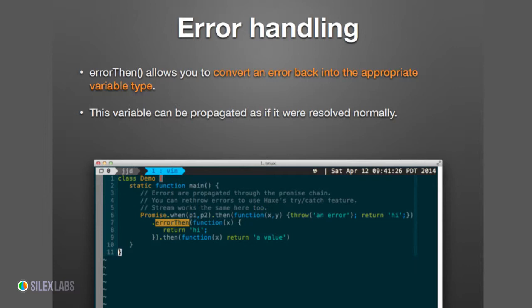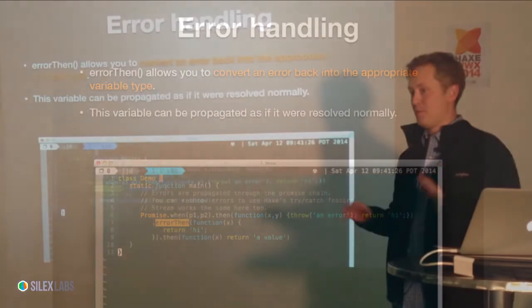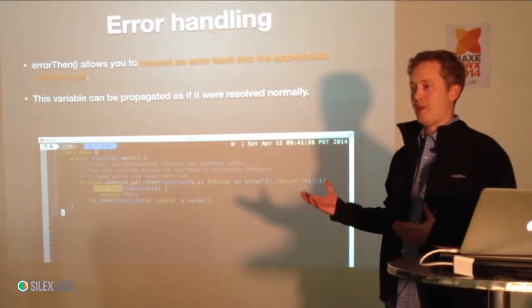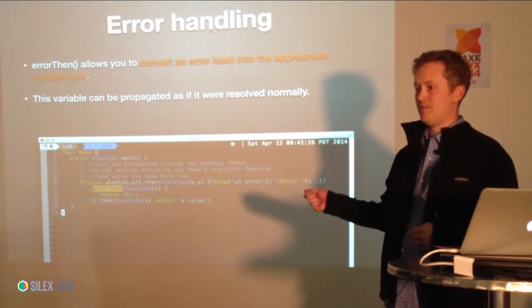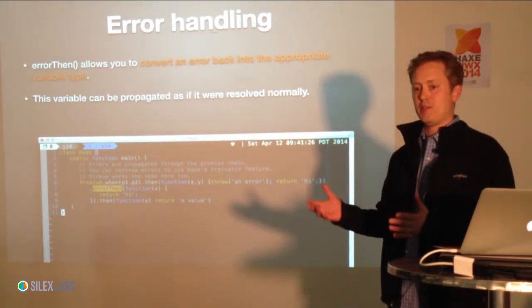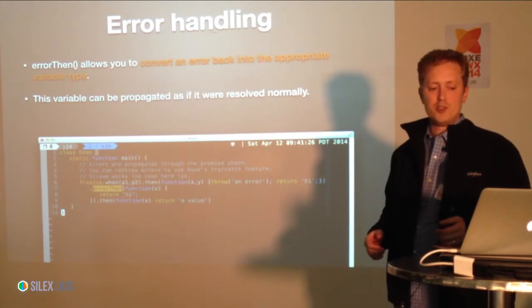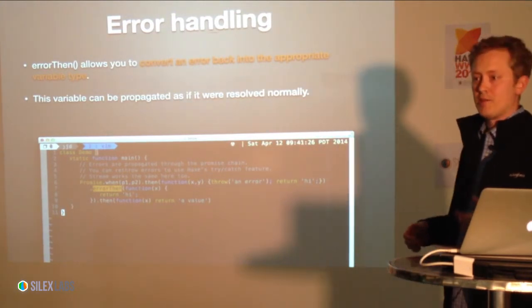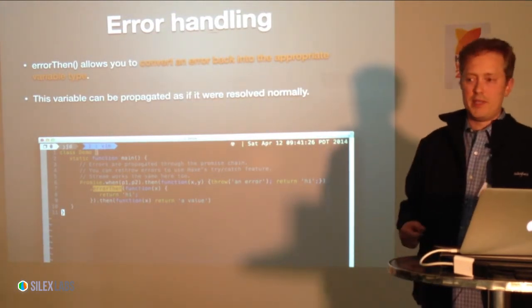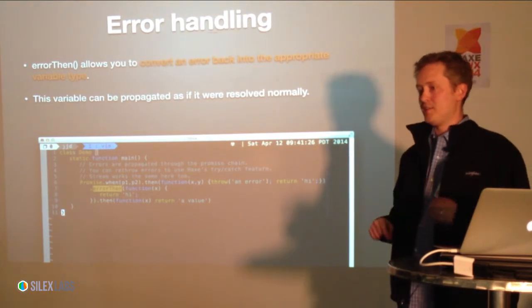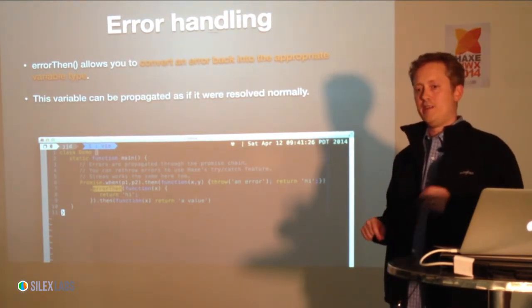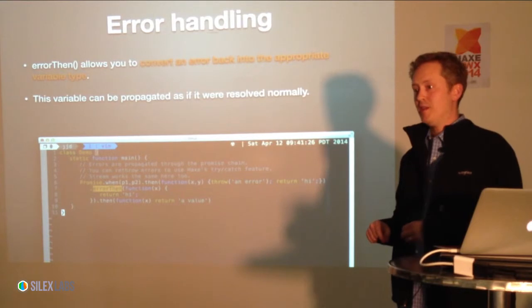One way you can recover from an error is maybe you have a really horrible server response, or something weird happens, and you want to say, in that case, I still want to return a value of some kind and pass it down, some kind of dummy value, some kind of message. What you can do is use error then, which is basically like a then statement, except the input is no longer the resolved value, it's the error.